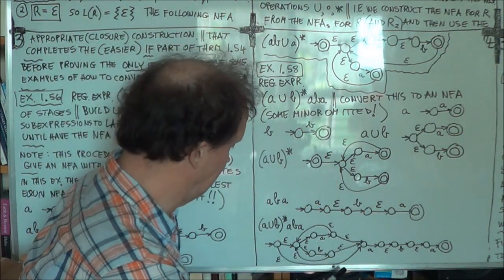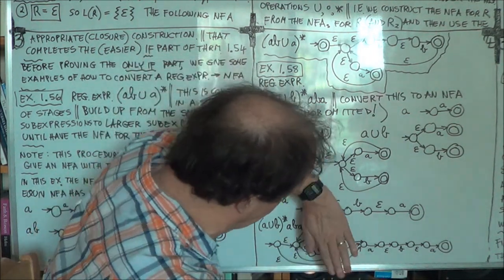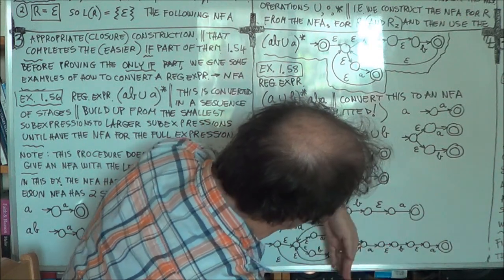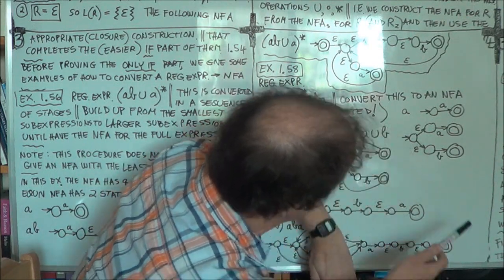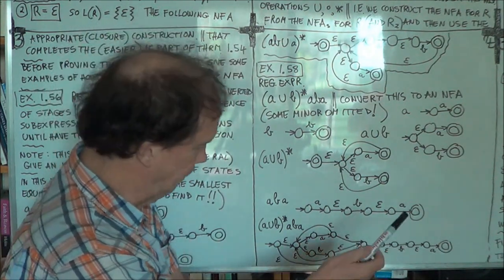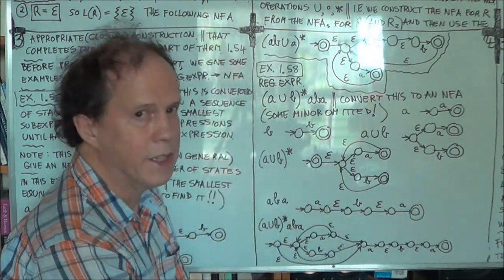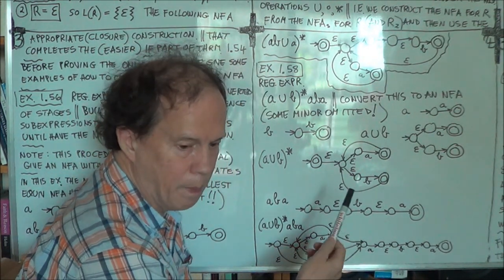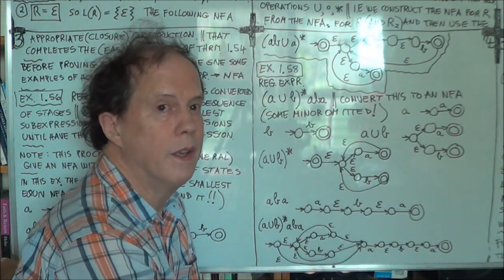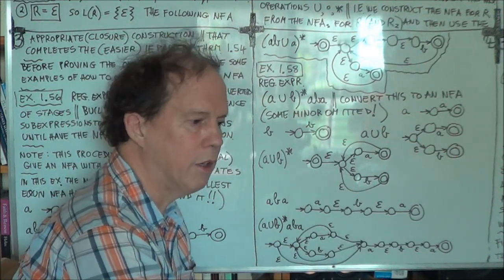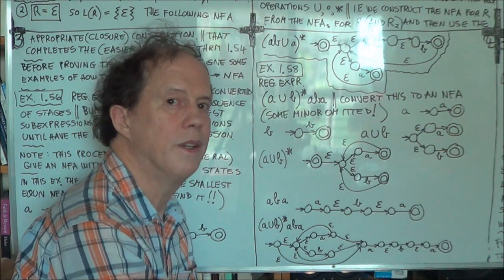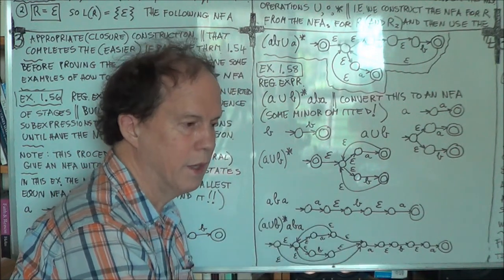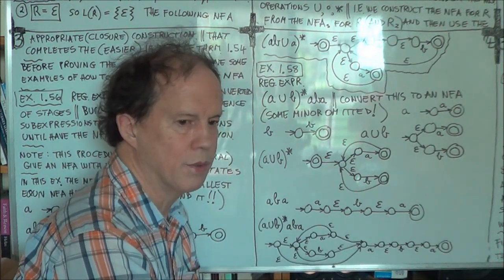So all this would be your x, and that here would be your y. So to concatenate x and y in terms of NFAs, we did this for concatenation, proving that the regular operator concatenation is closed on regular languages.